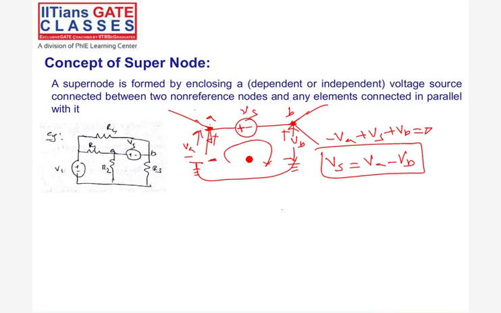Next, mesh analysis. As I told you, nodal analysis is nothing but KCL plus Ohm's law. Mesh analysis is nothing but KVL plus Ohm's law. Again, assign mesh currents I1, I2 and so on up to IN to the n meshes. Apply KVL to each of the n meshes.